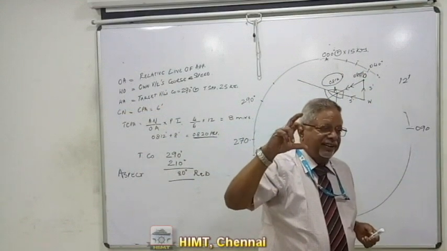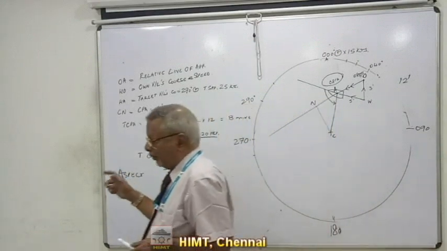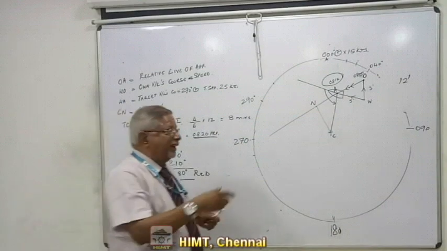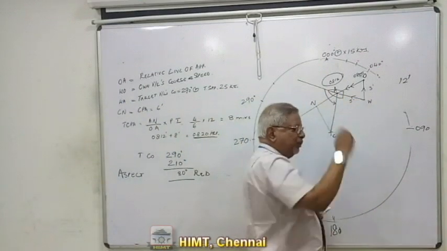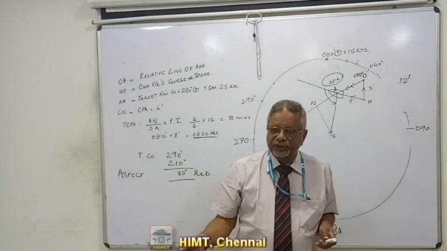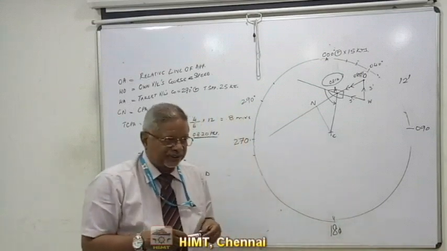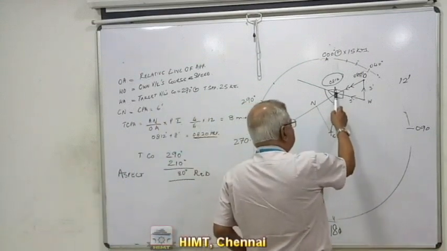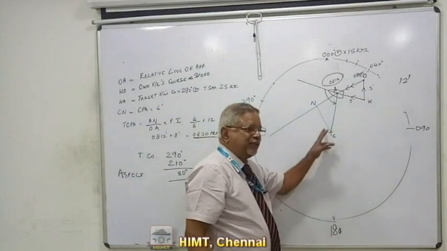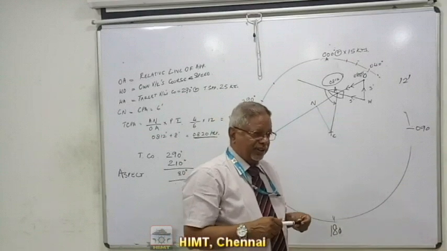Take the time between O and A, that's the plotting interval. Find out how much distance your own ship will cover for that plotting interval. And from O, mark that point W, that is your own course and speed. Thereafter join W and A, that is the target's course. And the distance covered by the target between W and A is for that plotting interval, 12 minutes. Interpolate it, find out the target speed.